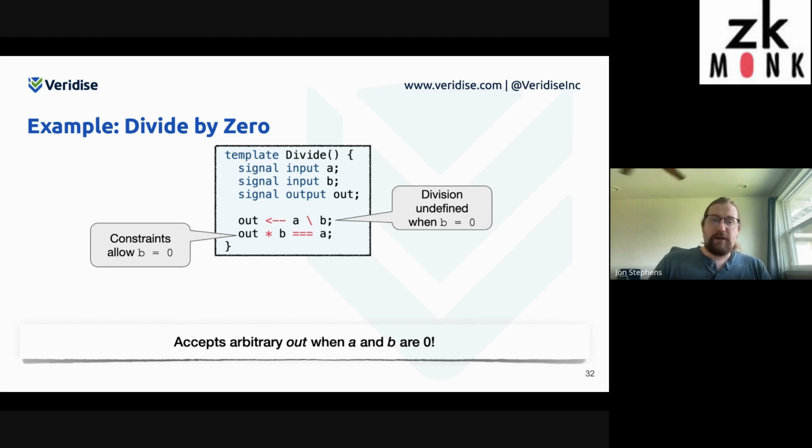But unless you are actually modeling the computation correctly, which can be difficult, oftentimes we don't think about the case where the denominator is 0. You're not actually going to be checking the things that you want to be inside of your constraints. So you have to be very careful when your constraints and your computation diverge.